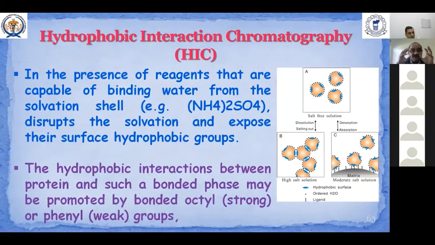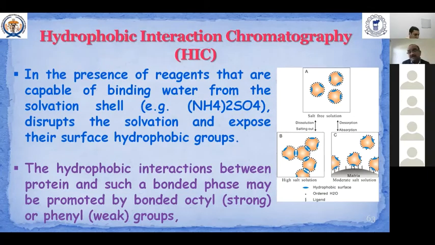So in the presence of reagents that are capable of taking water from the solvation cell, like ammonium sulfate, that disrupts the solvation and exposes the hydrophobic groups on the surface. Now these hydrophobic groups can bind to the hydrophobic compounds present on the column. So in this hydrophobic interaction chromatography, weakly hydrophobic molecules like phenyl or octyl groups are immobilized on the matrix.